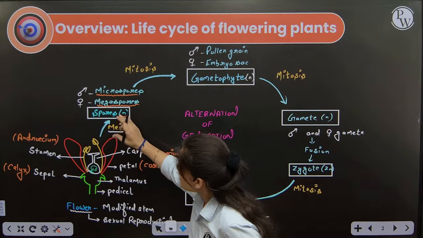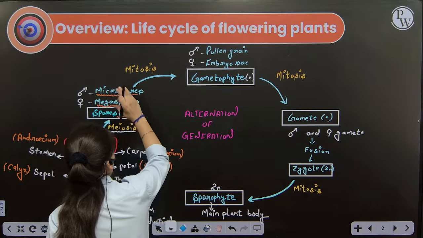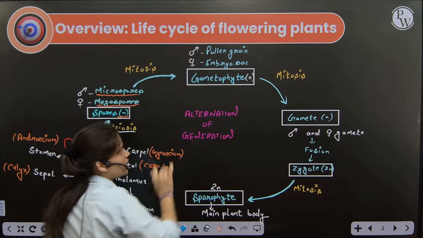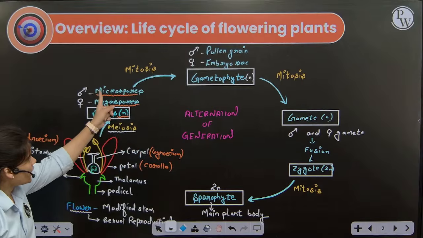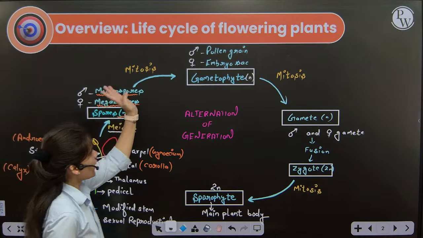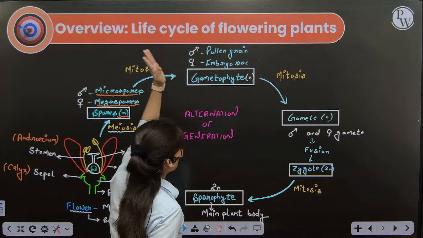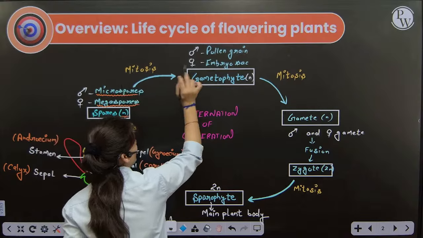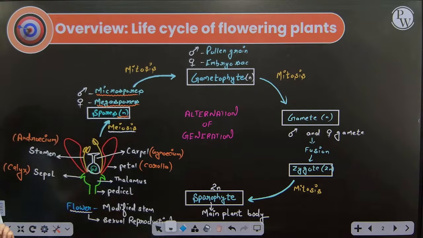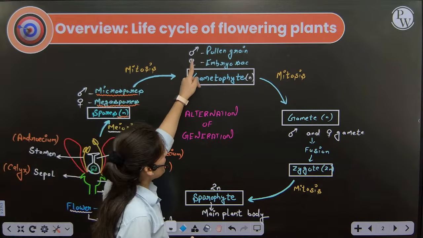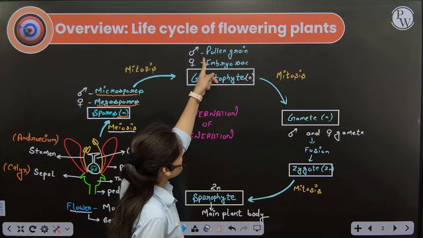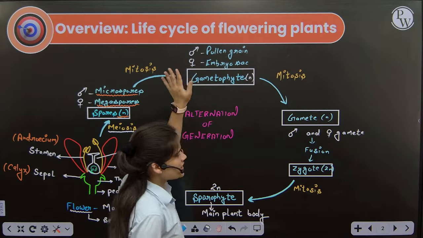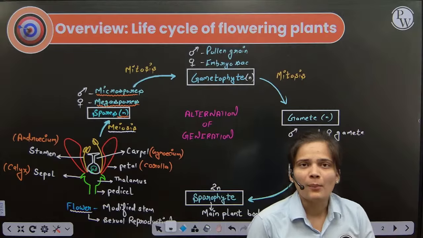Then these spores further develop into gametophyte. Microspores, male spores, develop into male gametophyte. Megaspores, female spores, develop into female gametophyte. Male gametophyte in case of these flowering plants is pollen grain, whereas female gametophyte is embryo sac.